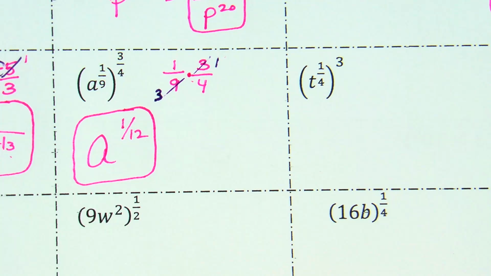T to the 1/4 raised to the 3rd. Again. What am I going to do with these powers, Robbie? Well, multiply. I wouldn't say cross multiply. Maybe cross cancel if we can. So if I'm multiplying, it's 1/4 times 3. What's 3 as a fraction? 3 over 1.